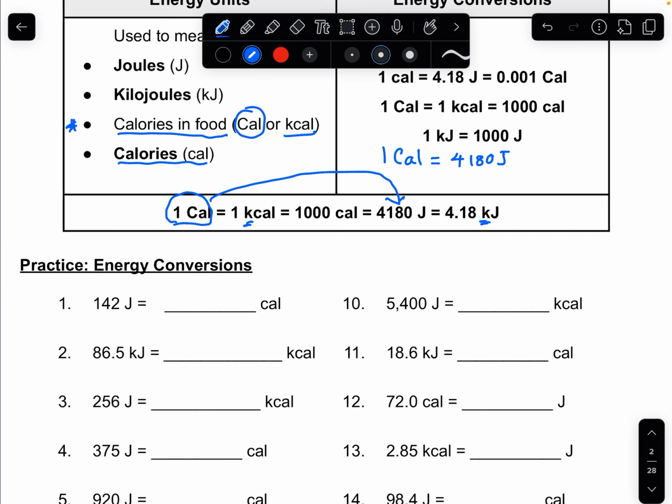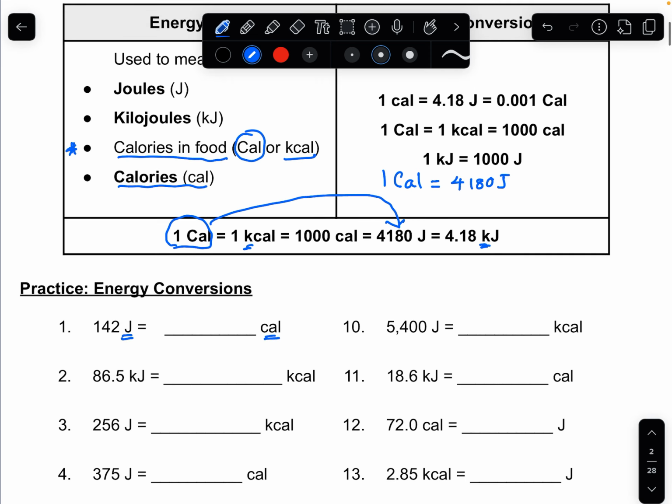So the first conversion, energy is given in joules, and you are going to convert to small calories. Okay, so what we are going to do in the conversion, we need how many calories are in joules. So we are going to use this conversion. Okay, the conversion you are using is 1000 calories, there is 4180 joules.